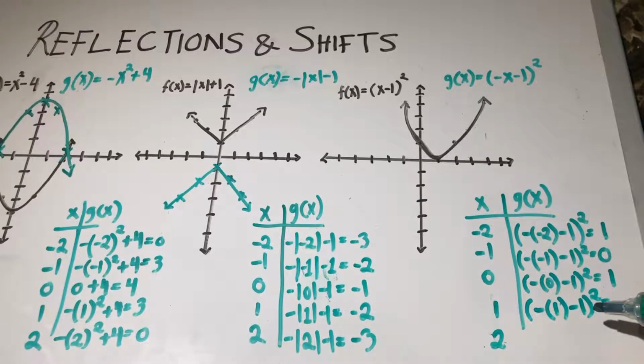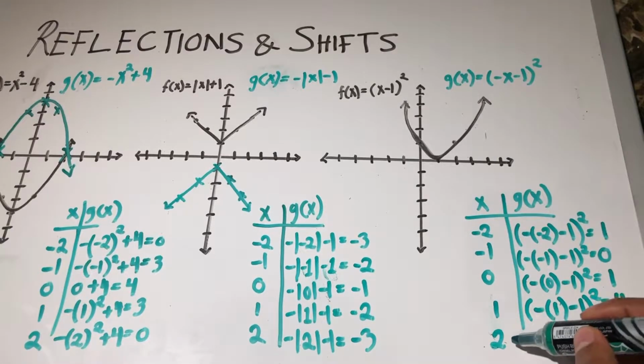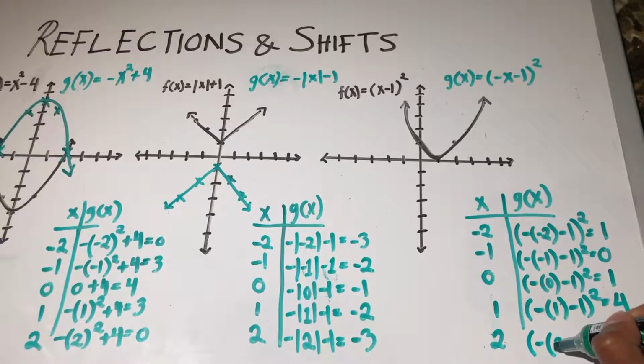Negative times 1 is going to give us -1. -1 minus 1 is going to give us -2. And then -2 squared is 4. Now we have 2. -(2 - 1) squared. We have -2 minus 1, which is -3. -3 squared is 9.